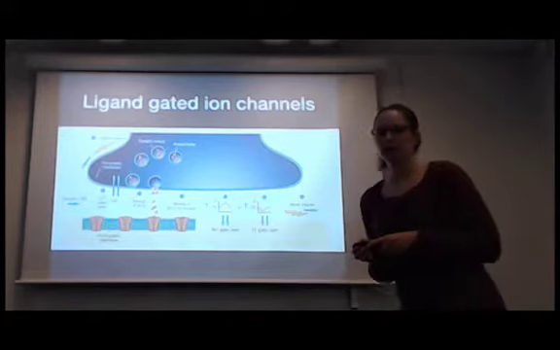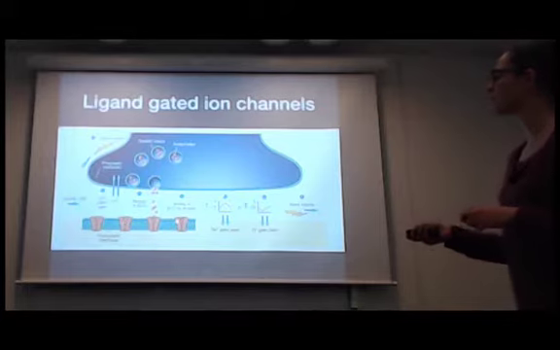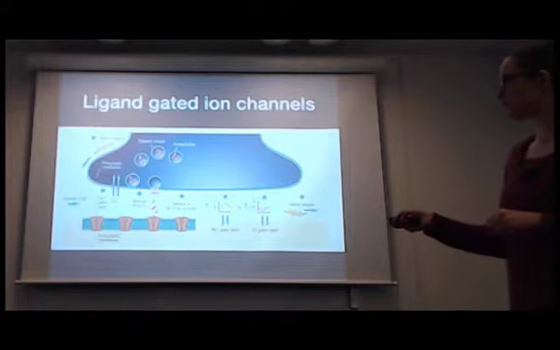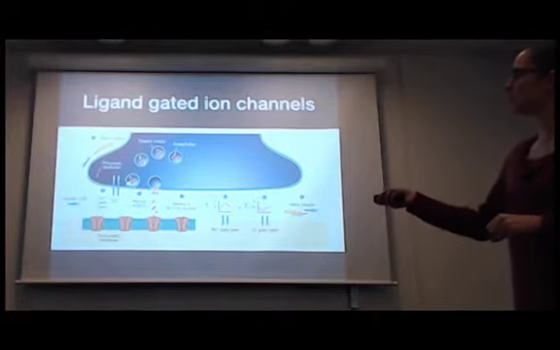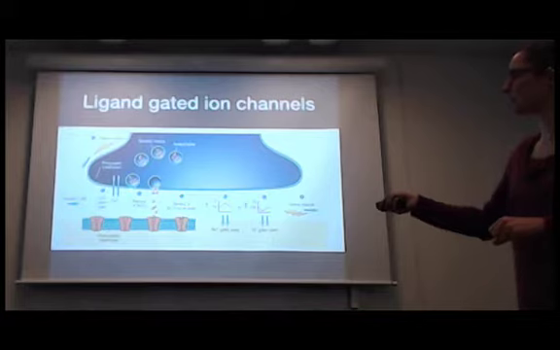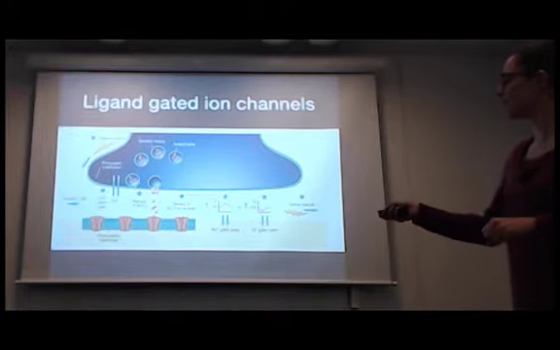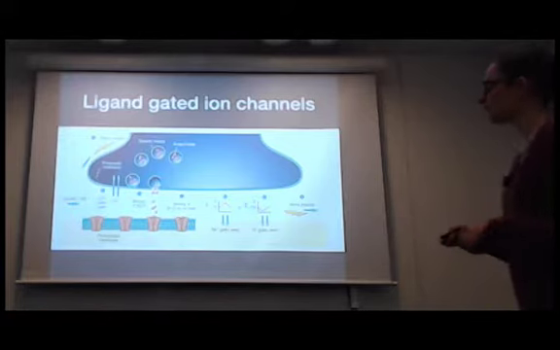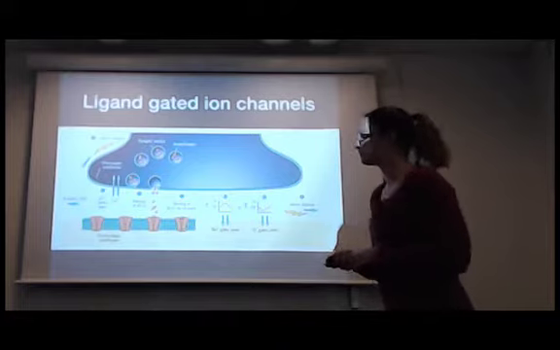And the biological function for these ligand-gated channels is that they are able to bind chemicals like acetylcholine that are released into the synaptic cleft, and then when these channels bind this type of molecules, they are able to open.